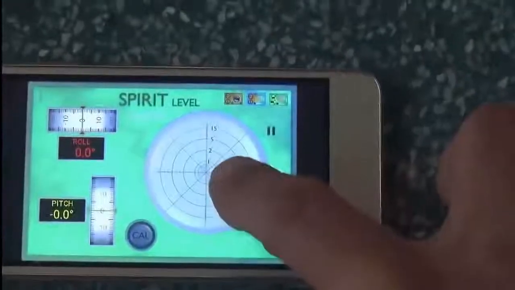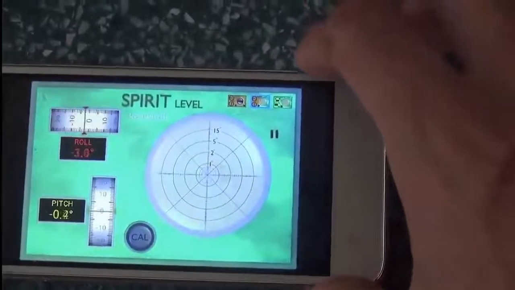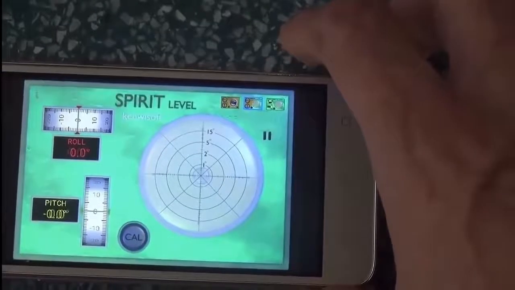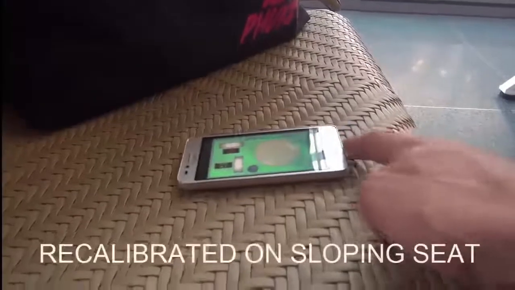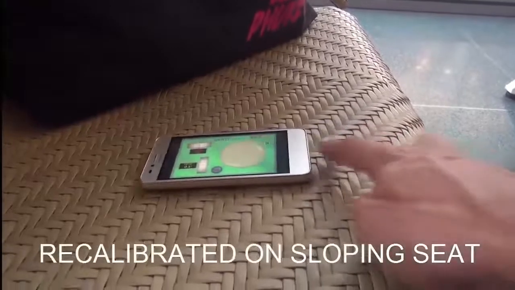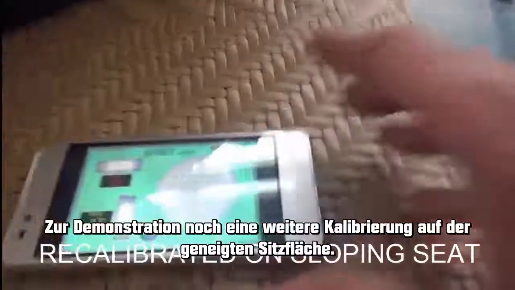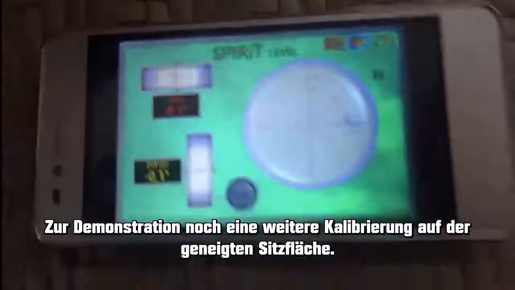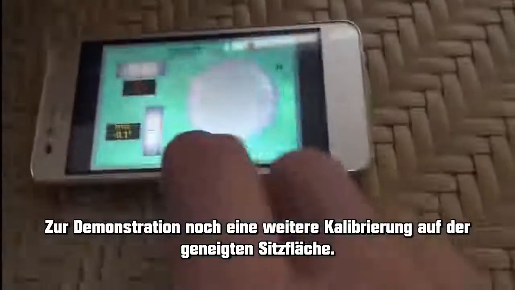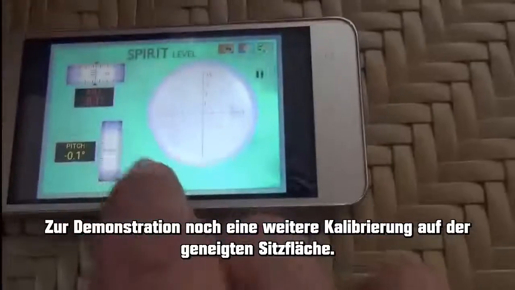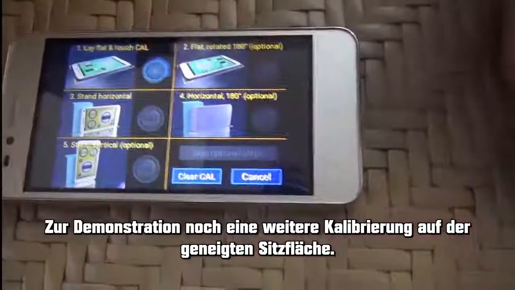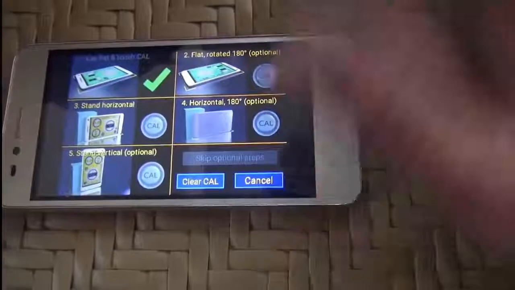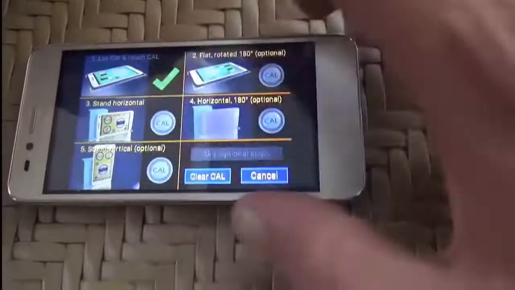You can see here the bubble is in the center on the floor. You can see that it's sloping, as it moves on its own. And the bubble is now over here. What we can do is calibrate. Alright, and then we can stand it horizontal.